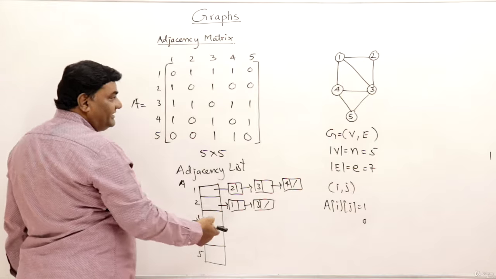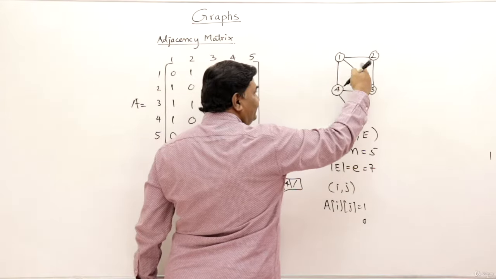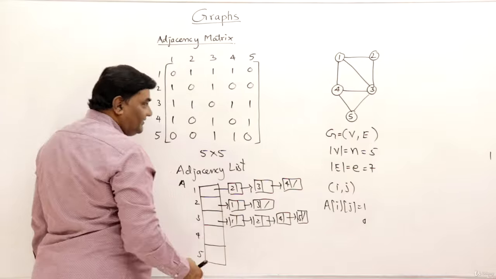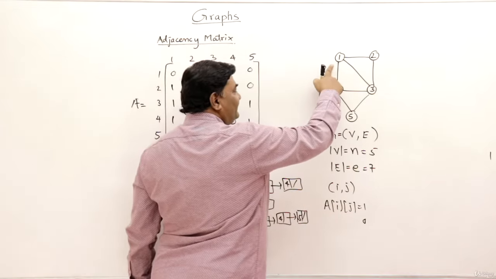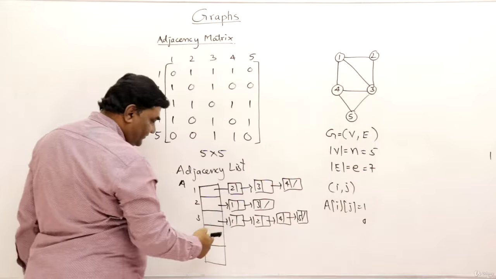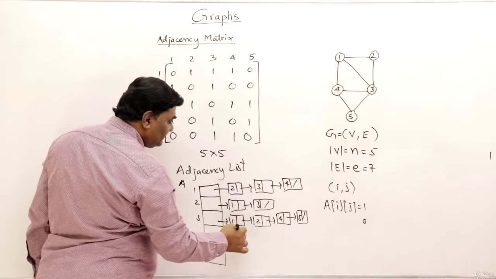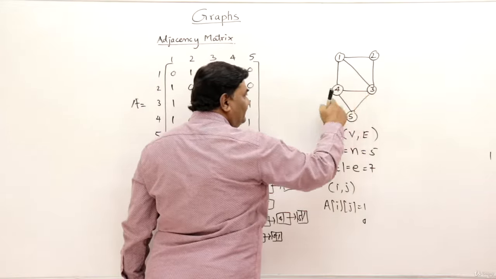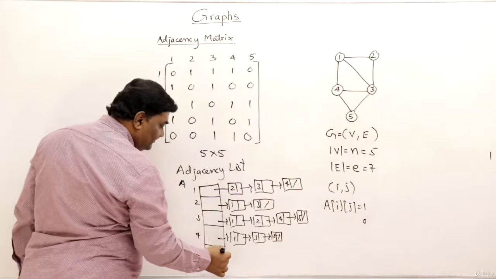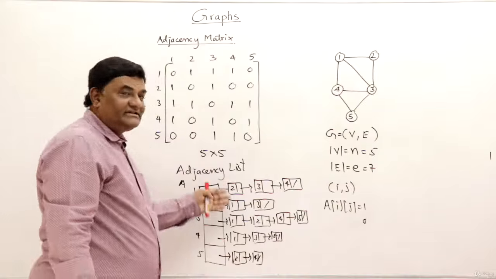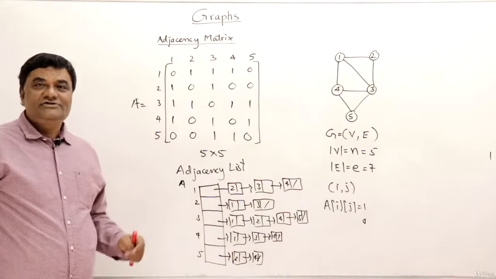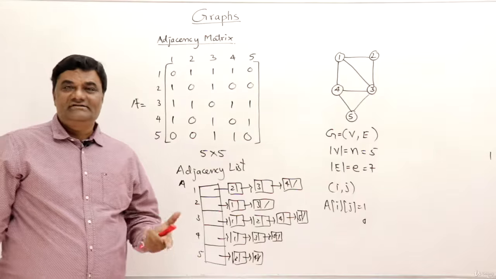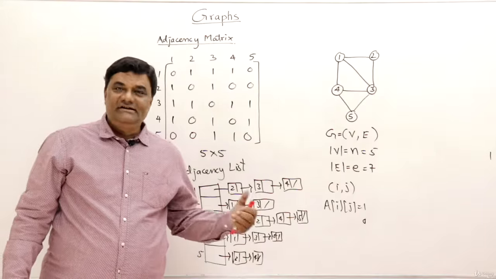And now similarly for 3, the connected vertices are 1, 2, 4 and 5. I will draw them. Now for 4, connected vertices are 1, 3 and 5. So I will draw 1, 3 and 5 here. Now for 5, 3 and 4. So this is an array of linked lists showing the edges, and this array itself is showing vertices. So this is the representation.